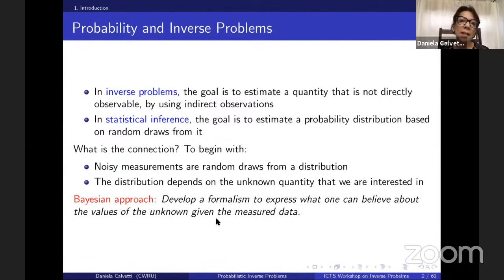And the story is that it's a commonality of interests. So in inverse problems, what we usually want to do, and that's why it's inverse, is that we want to estimate some quantities that are behind the consequences or the measurements that we have. So we have indirect observations, and we're trying to recover what caused these indirect observations.